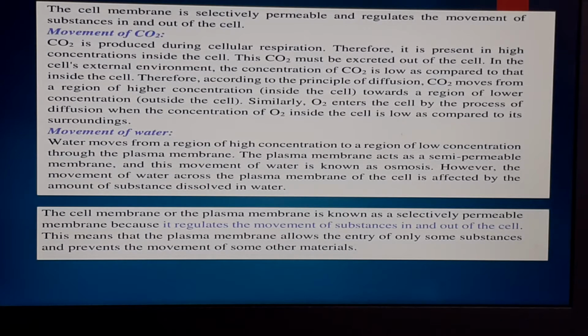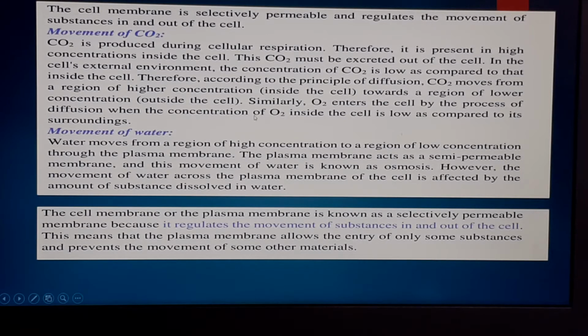Because of that, the carbon dioxide is more inside the cell. So because of diffusion, the carbon dioxide moves from the region of higher concentration, inside the cell, to the lower concentration outside the cell. This is called diffusion.